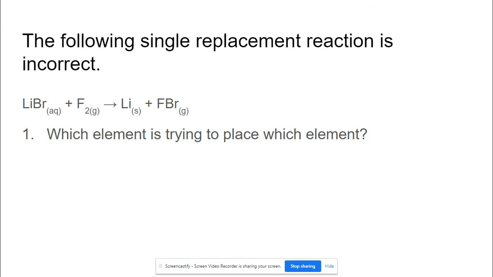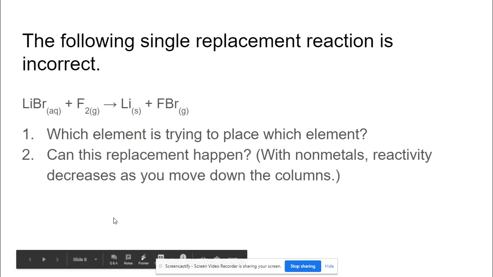In this case, my single element is fluorine. Fluorine is a nonmetal, so it will try to replace the nonmetal in the compound. And the nonmetal in the compound is the bromine. So fluorine is going to try to replace bromine.